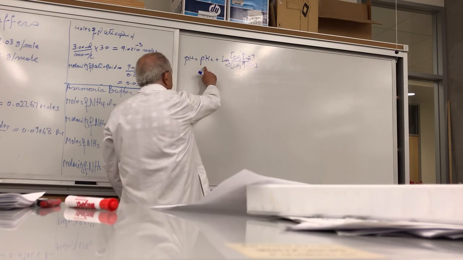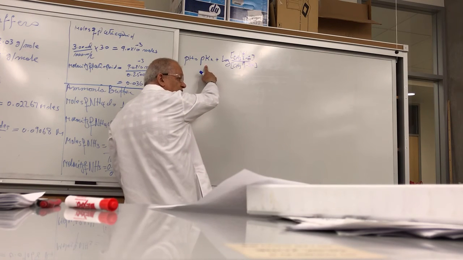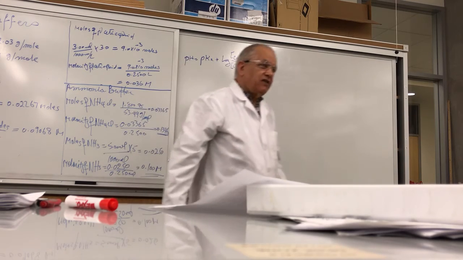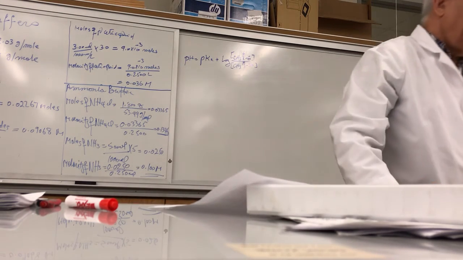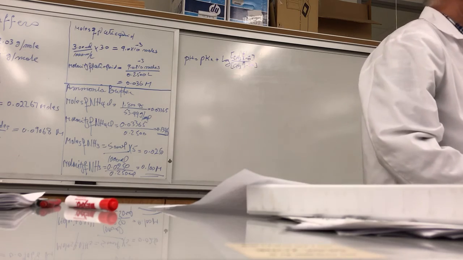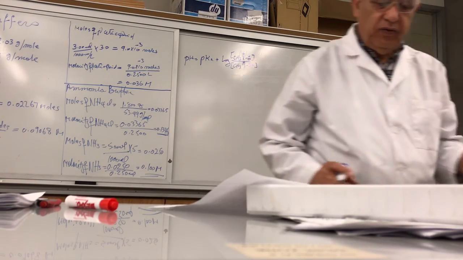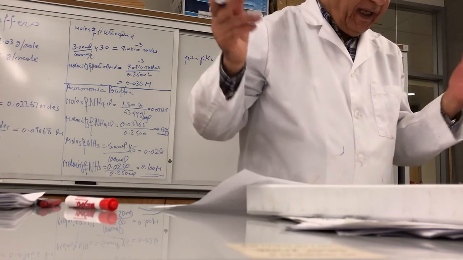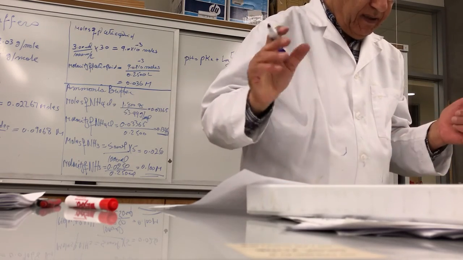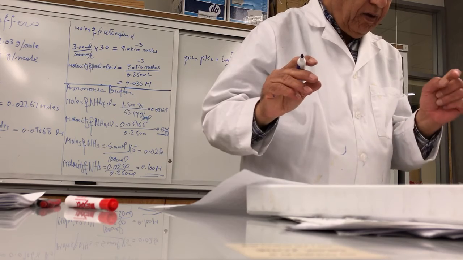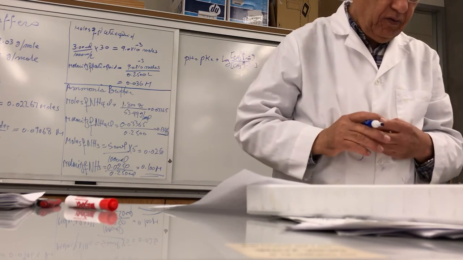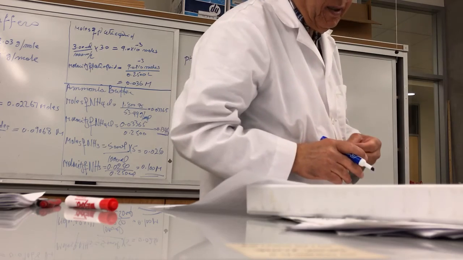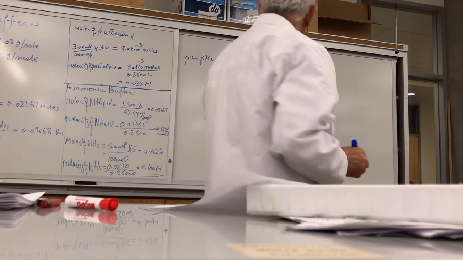This is the pKa of a weak acid, which is acetic acid. We know that. We did that with the Ka for acetic acid, and that value is 1.8 times 10 to the power minus 5. I know the value for the pKa, which is 4.74.